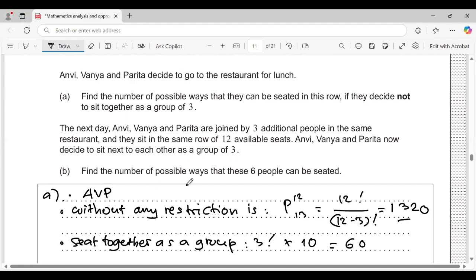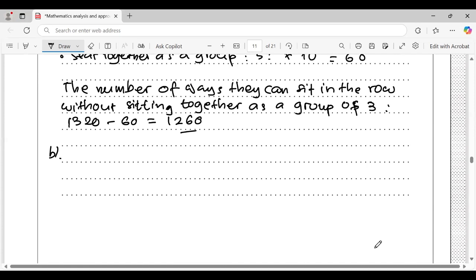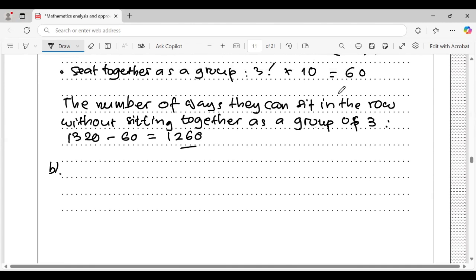Find the number of possible ways that these 6 people can be seated. As we found here, the number of ways to arrange them sitting together is 60.